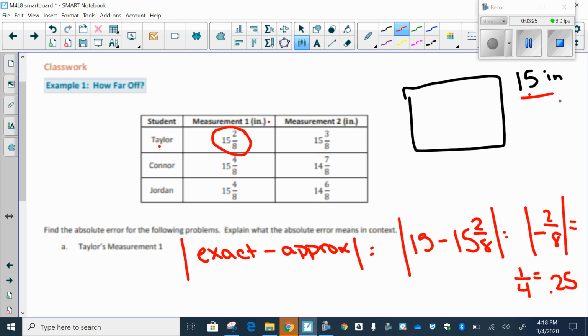Taylor measures 15 2/8. The absolute value of 15 minus 15 2/8 is the absolute value of negative 2/8. The absolute value is always positive. 2/8 simplifies to 1/4, and 1/4 converts to a decimal of 0.25.